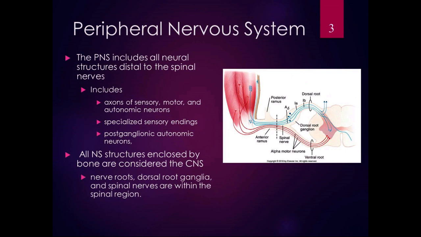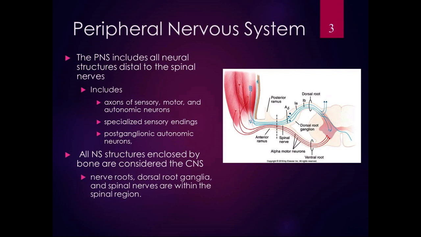Like I was saying just a minute ago, the peripheral nervous system includes all neural structures distal to the spinal nerves, including axons of sensory, motor, and autonomic neurons, specialized sensory endings, and postganglionic autonomic neurons. All the nervous system enclosed by bone is considered the central nervous system. Nerve roots, dorsal root ganglia, and spinal nerves are within the spinal region, which we'll talk about in chapter 18.